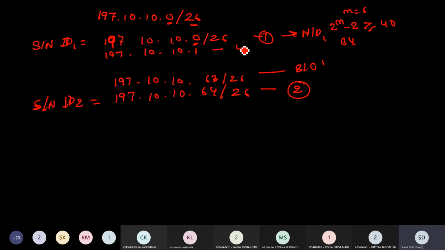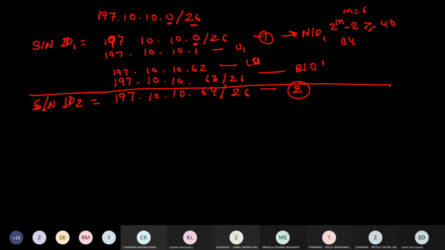This is my user 1. The last user will be 197.10.10.62. This is my last user of network 1. So this is my first network. Am I clear?